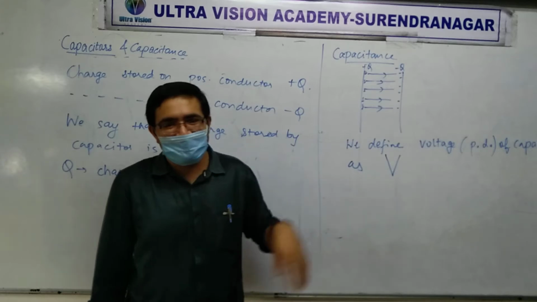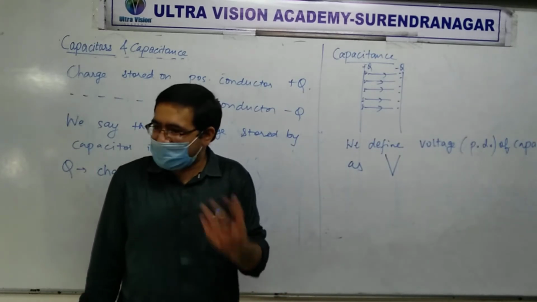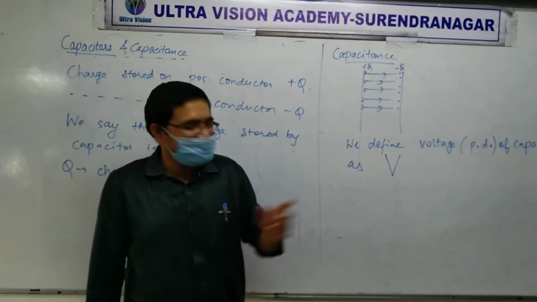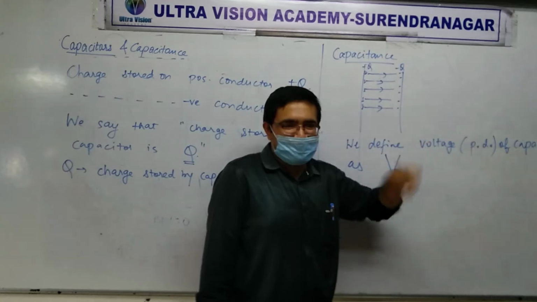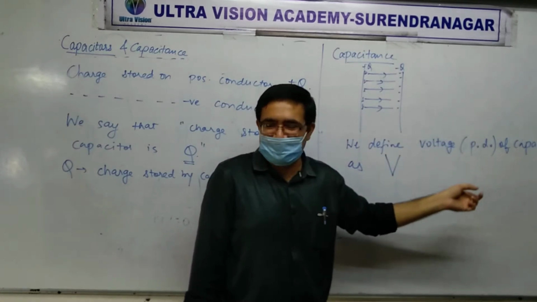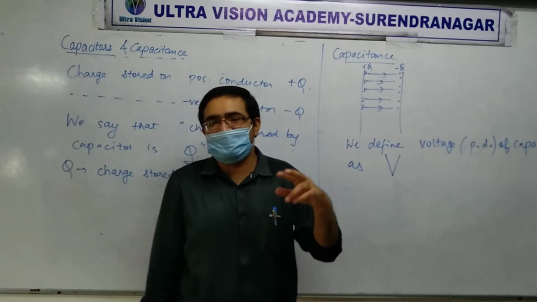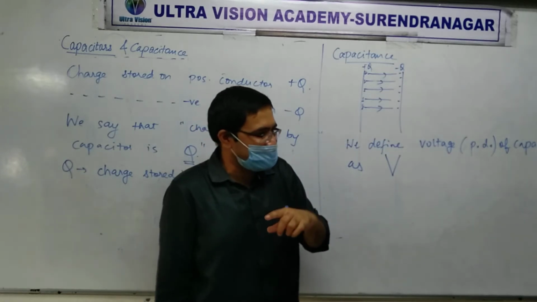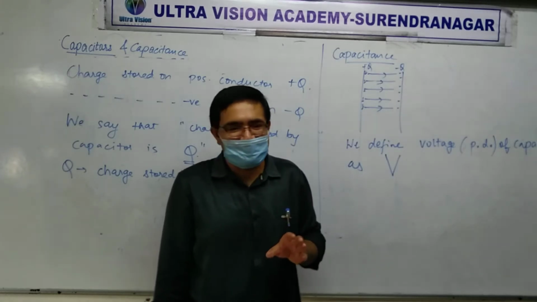In circuits, the symbol for both potential and voltage, which is potential difference, is V. Potential is potential and potential difference is voltage.